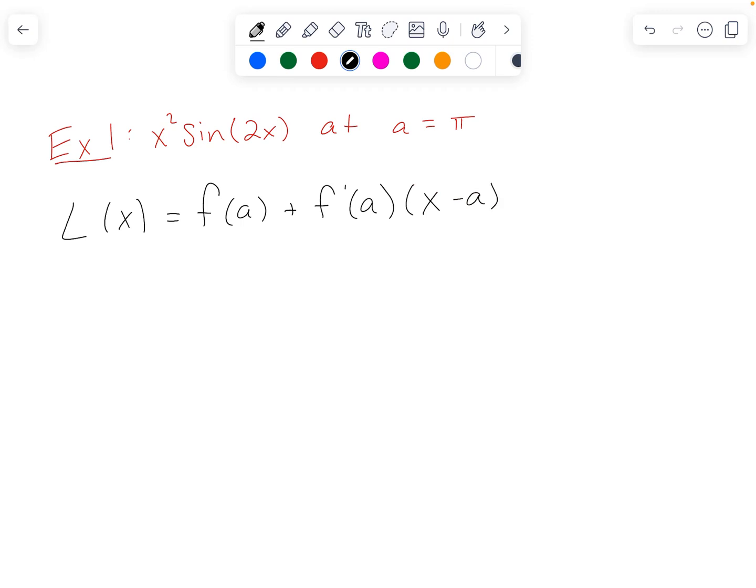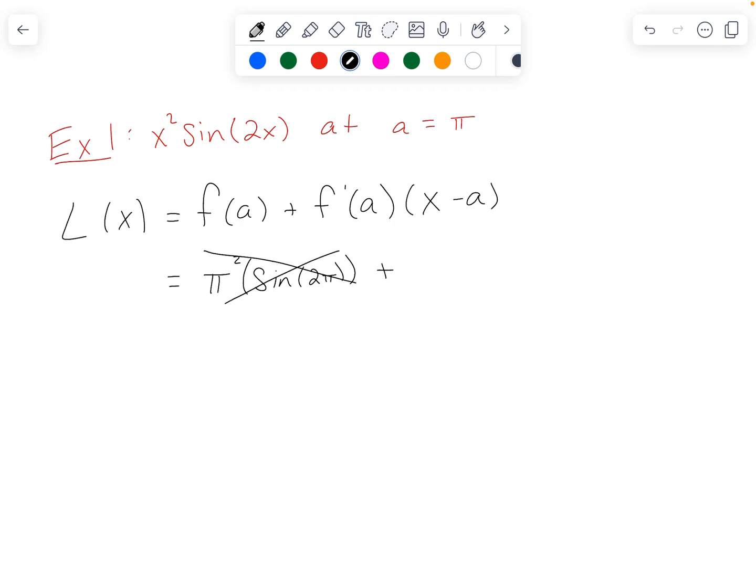And if I wanted to find the linearization at a specific a value, all I've got to do is just take my f of a. So this would be pi squared times sine of 2 pi. Well, I know that sine of 2 pi is 0. So that's just 0.